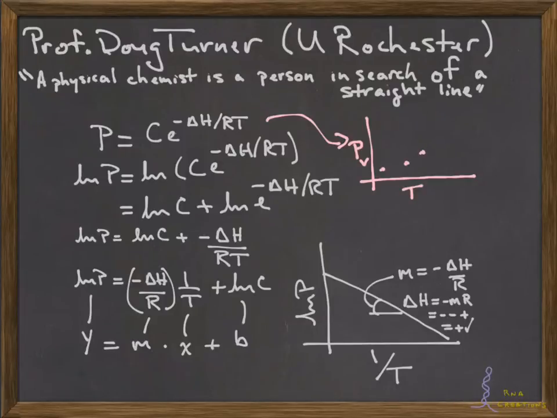The data points go up sharply like this, and the equation that's able to fit that data is shown here, and it's P equals C e to the minus delta H over RT. As we discussed in class, we can think of this as a potential energy bonding term, and this is a thermal energy or kinetic term. And so how do we handle this? Well, we can simply use this relationship, or we can linearize it, turn it into a straight line.